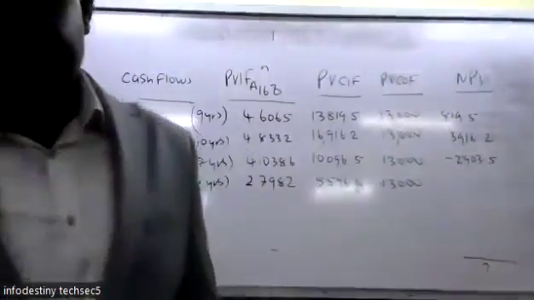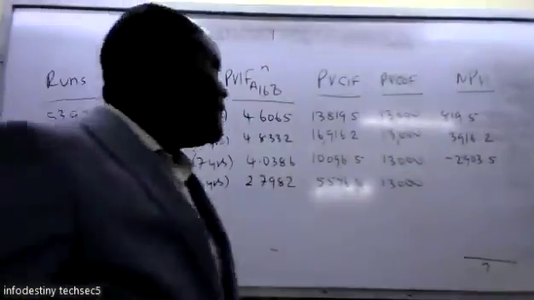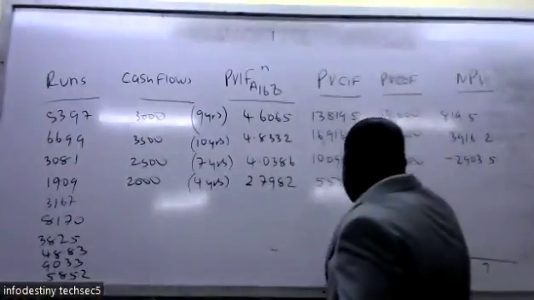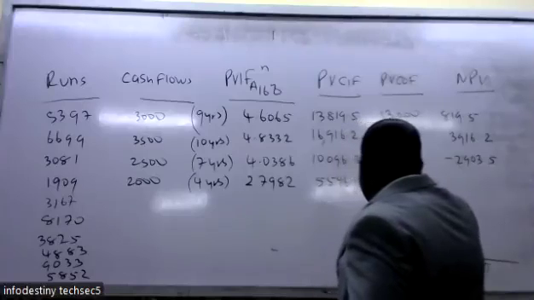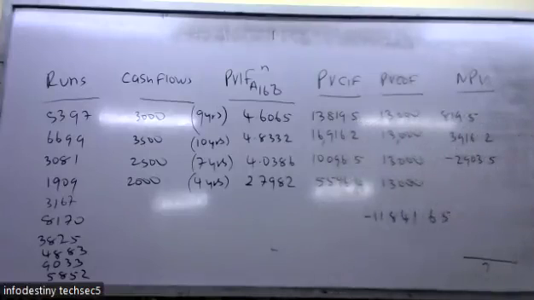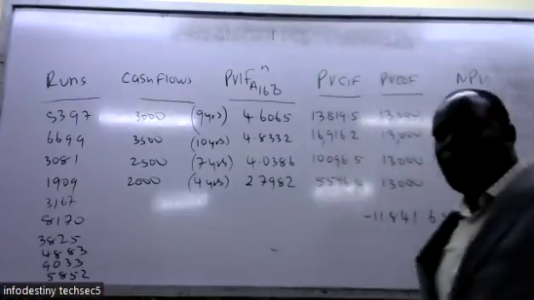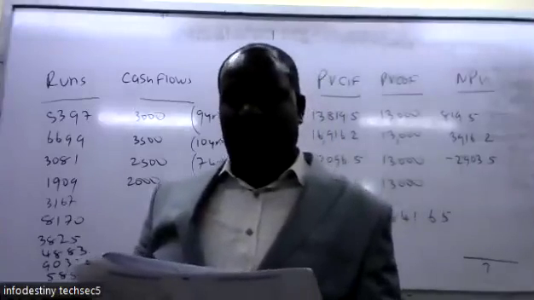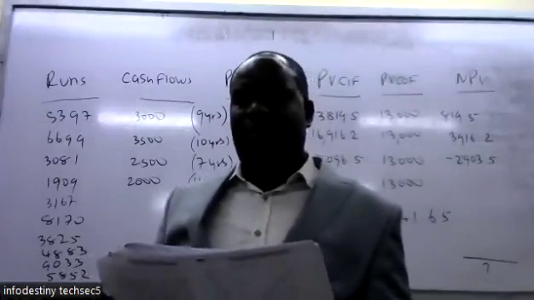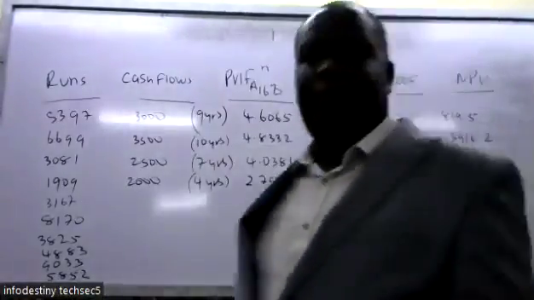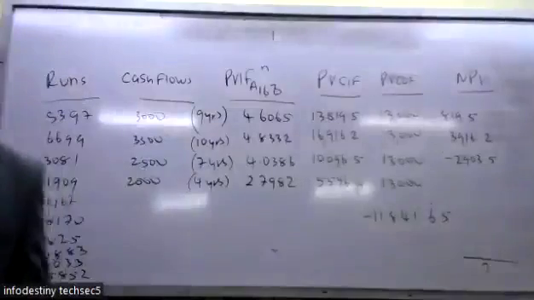So what are we getting as the total? Negative 11,841. Like that. So for us to compute the Roman letter 2, determine the expected net present value of the project.